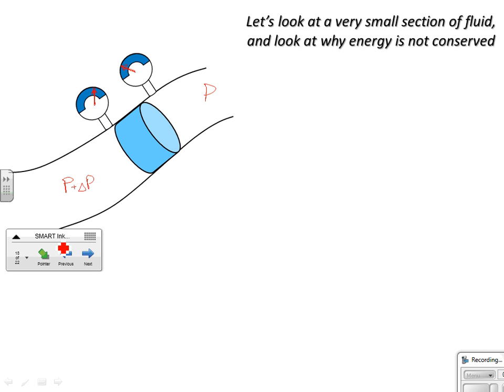All right, now this subsection of fluid has area here that's the same area on both sides. So that means that there's a force exerted on that side that we can call F. And there's a force exerted on this side due to the pressure that we'll call F. But this has some more force because of the extra pressure.